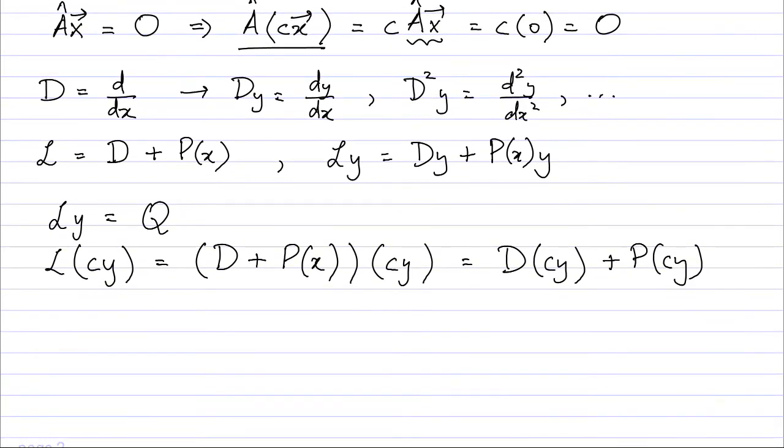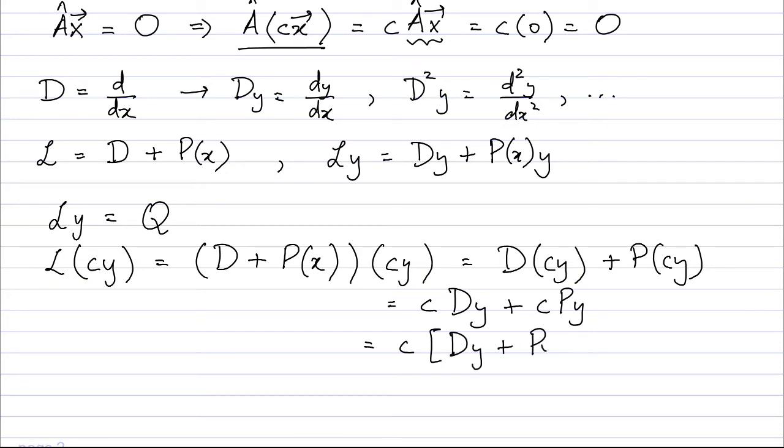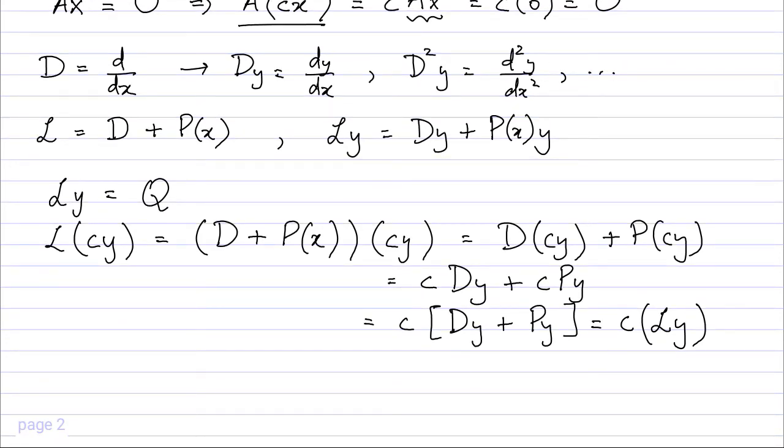But d is the derivative operator, so c you can pull outside the derivative operator and you're left with dy, and p is just a function of x. So you can rearrange to get c times dy plus py, which is equal to c times Ly. And that's exactly what you expect with linear operators. That's exactly what happens when matrices act on vectors.